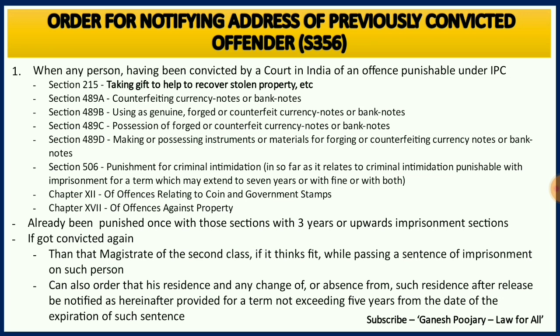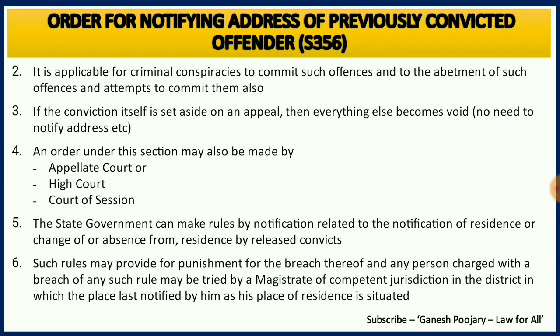With that, I am getting into other subclauses from this particular section. The other subclauses are easy, but remember it is not required to commit the offences as per the IPC list I have given on the previous page. Even if you are doing a criminal conspiracy or abetment of such offences, that itself is sufficient to ask for the address details on the second conviction.